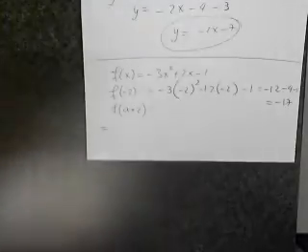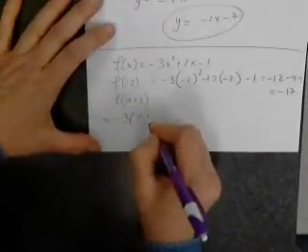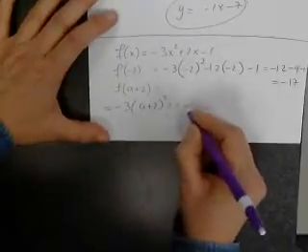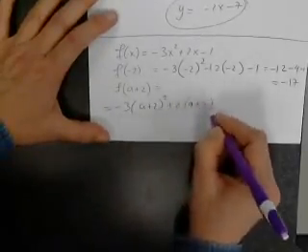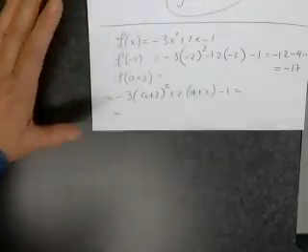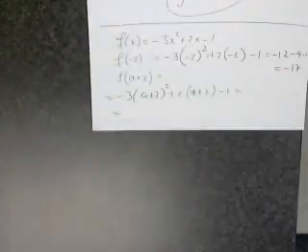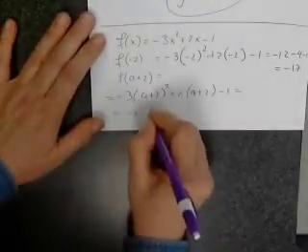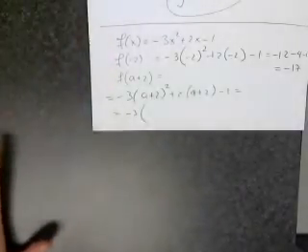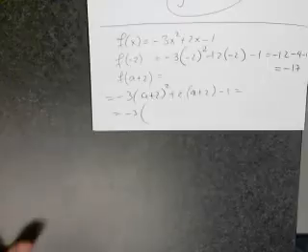How do I determine f of a plus 2? So -3 times a plus 2 squared, plus 2 times a plus 2 minus 1. Excellent. Remember, I have to square first. I cannot distribute. That will be a terrible mistake. So -3, how many terms will you give me when you square a plus 2? 3 terms.